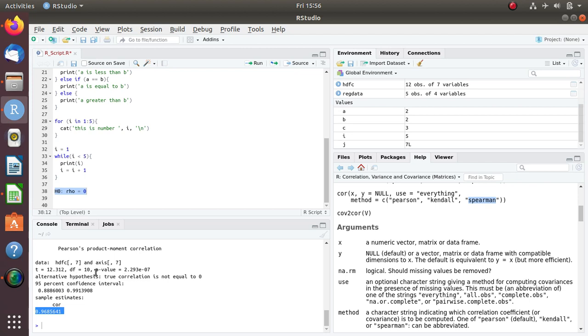No, that is what the test is saying. You see here the value is far below the threshold value, which is 0.05. At the 5% significance level, we can easily reject the null hypothesis in favor of the alternative hypothesis that rho is not equal to 0.